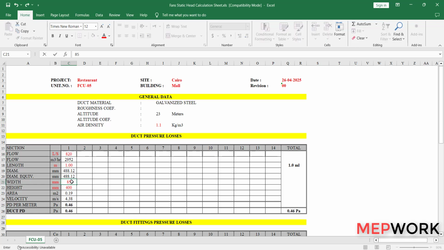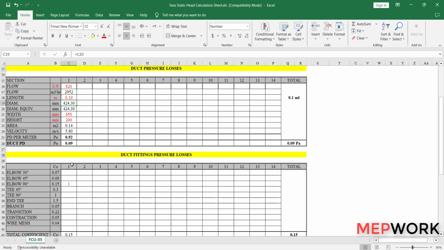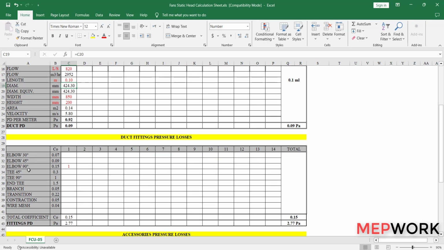Now we will add the fittings. It's a contraction, one contraction at this duct part.